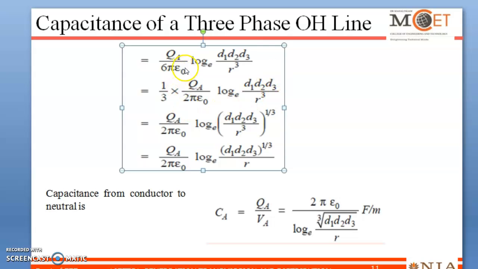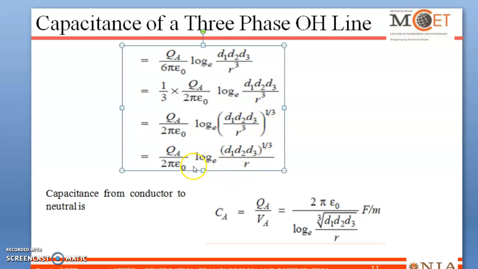Okay, so we are going to simplify this equation: 1 by 3 and then QA by 2 pi epsilon naught log E D1, D2, D3. The value 1 by 3 is going to be written as the power of the logarithmic term. So the simplified term is QA divided by 2 pi epsilon naught and then log E D1, D2, D3 divided by R power 3, the whole power of 1 by 3.